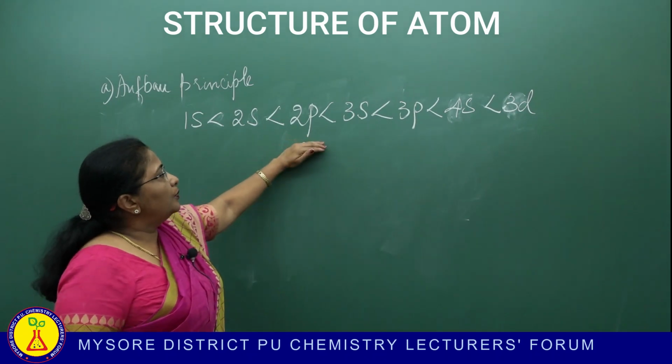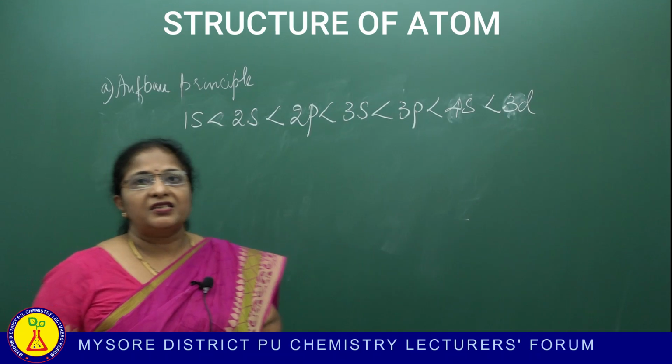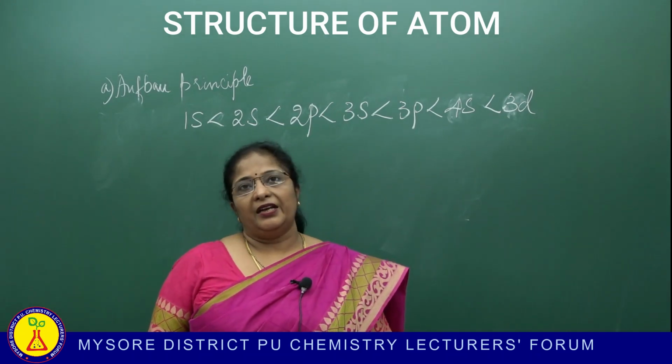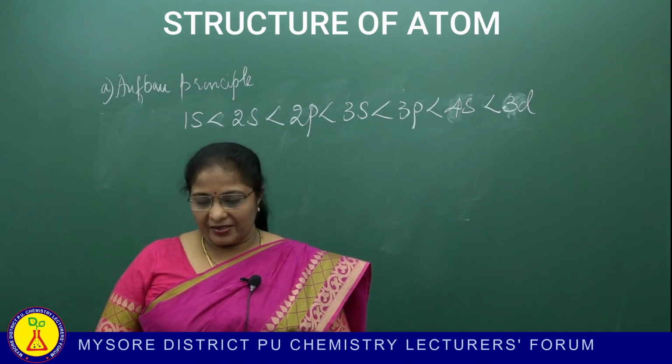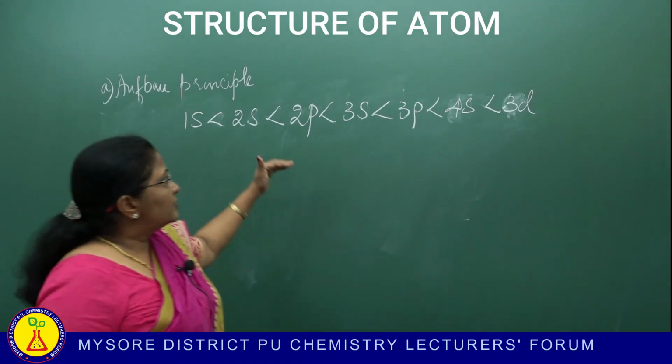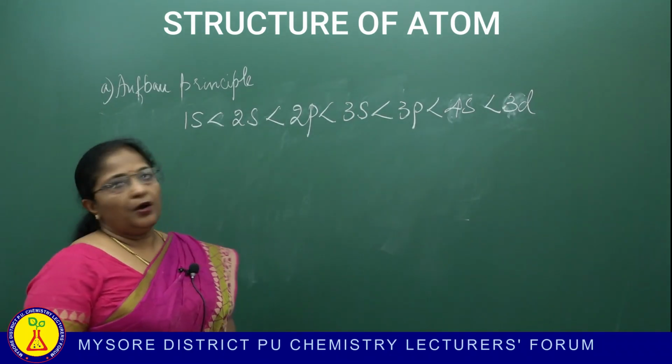But a p orbital can accommodate a maximum of 6 electrons. When we are writing the electronic configuration, we will discuss that in detail. So this is the order of filling up of the orbitals.